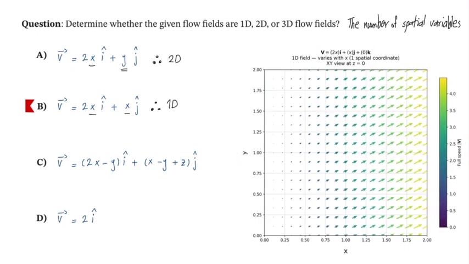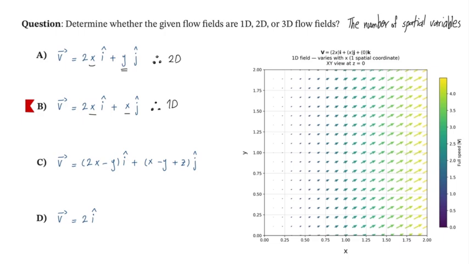We can see here that as we move in the x direction, the arrows change. They get a larger y component compared to lower x values, and they also get bigger, because they also get a larger x, i component.